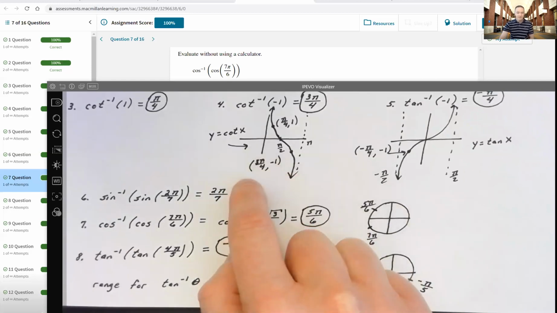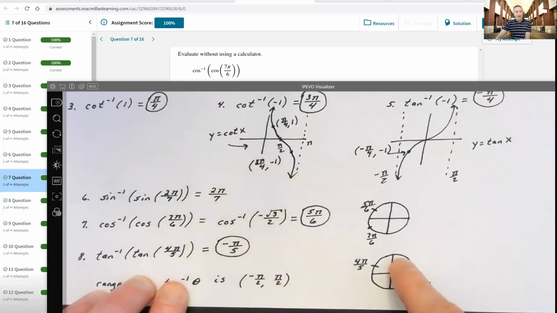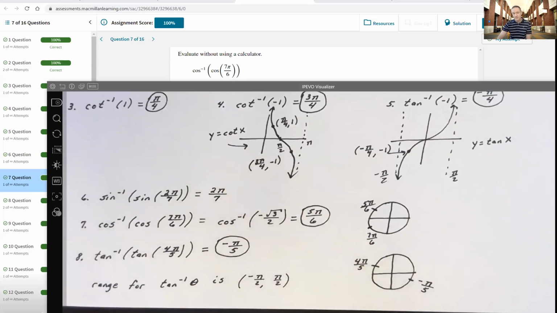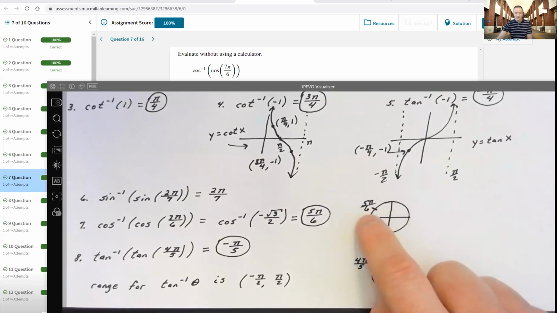It starts off at 0, 1, it goes down to pi/2, 0, then it goes down to pi, -1. So we have to restrict the cosine function from 0 to pi in order for its inverse to exist. So the range of the inverse has to be any number from 0 to pi, meaning my answer has to be in quadrant 1 or quadrant 2.